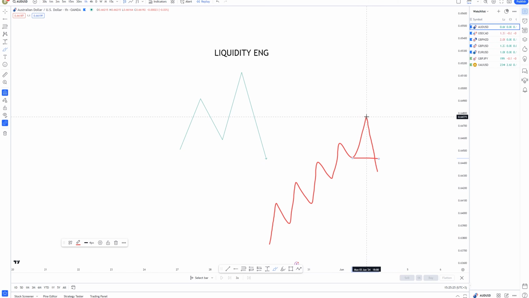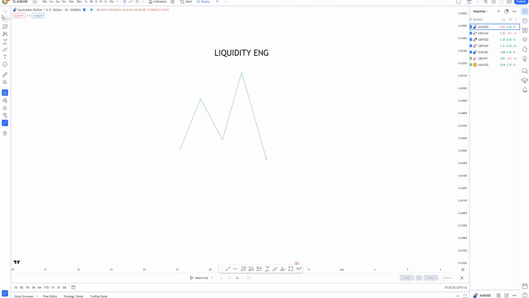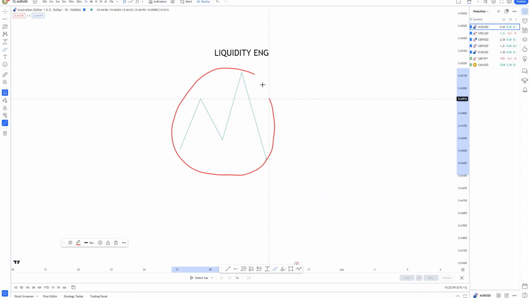It means the market has created this transition here, but before this transition happened, we had this break of market structure here. This is our BOS. So when the market creates the break of market structure with the transition, we can say that the market has already engineered liquidity.